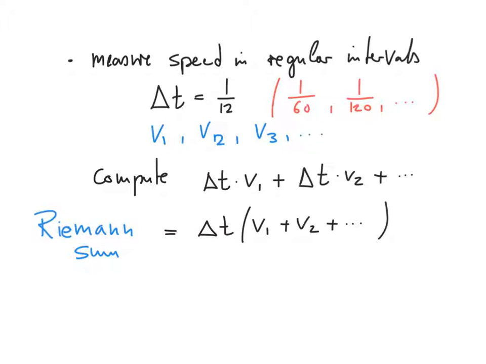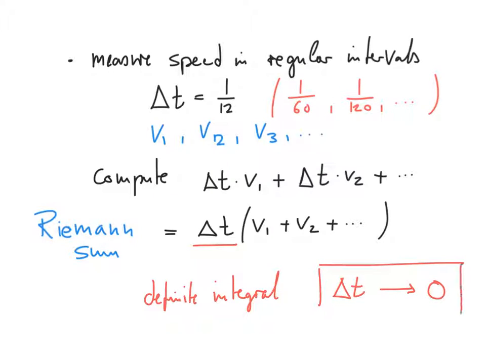Just as differentiation was the instantaneous rate of change, defined as the limit of the average rate of change where you made the interval smaller and smaller, now you here make this interval smaller and smaller. So for the definite integral, you let delta t go to 0. That's the basic idea. What happens to this sum here if you let delta t go to 0?